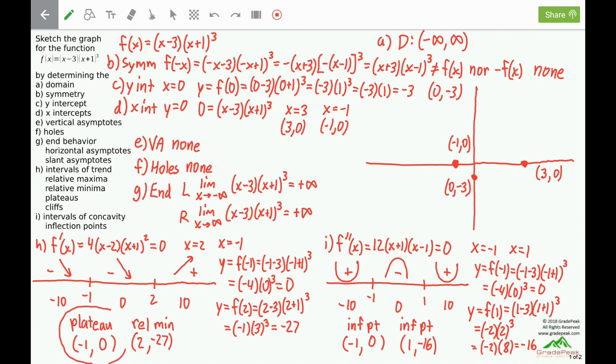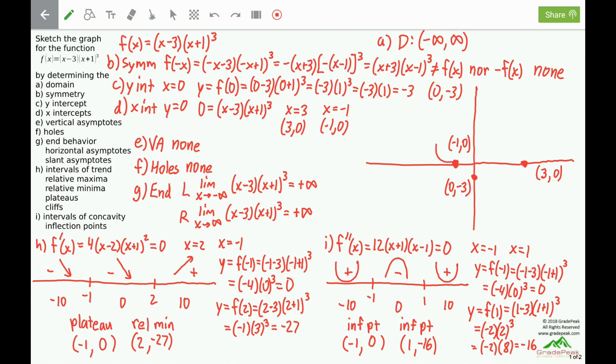Right at negative 1, 0, which is one of the x-intercepts, we do have a plateau occurring there. And if we look, it's a decreasing type of plateau. It's decreasing on both sides. So that means we'll have a shape something like this.